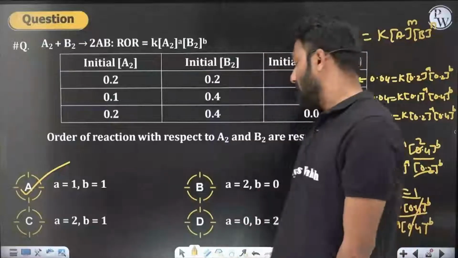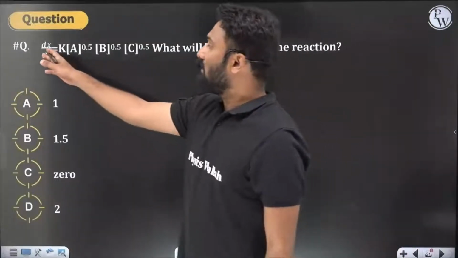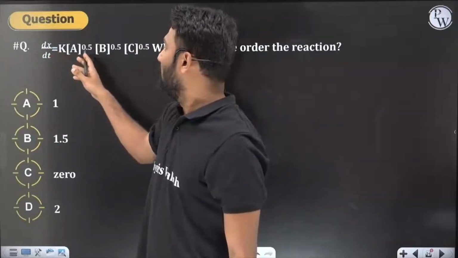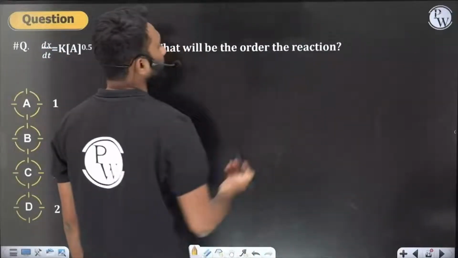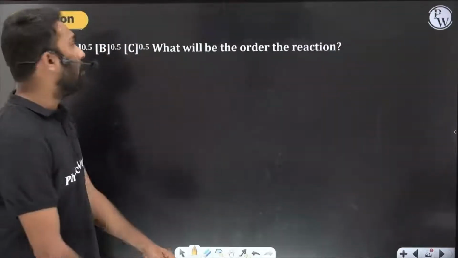Okay. Next. Now dx by dt is equal to k, and this they have given. What is the order of the reaction? Now the sum of these will give the order of the reaction.